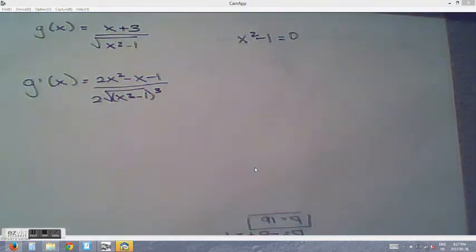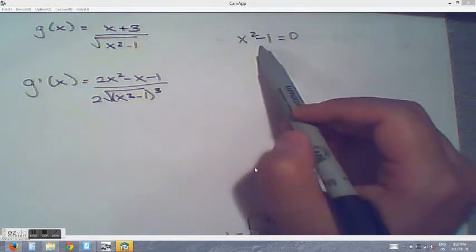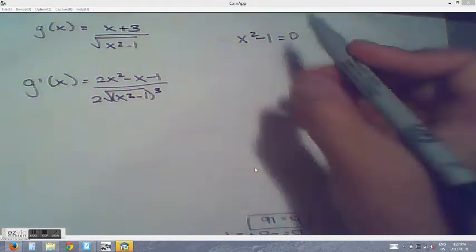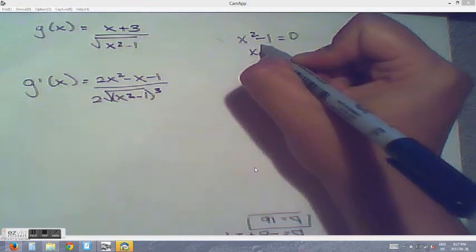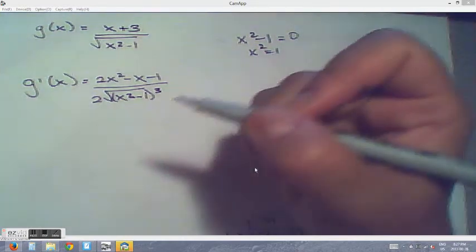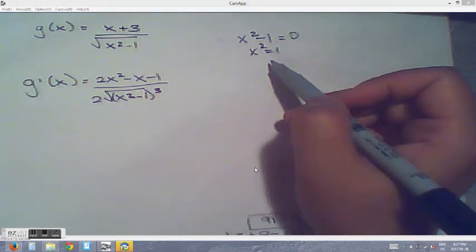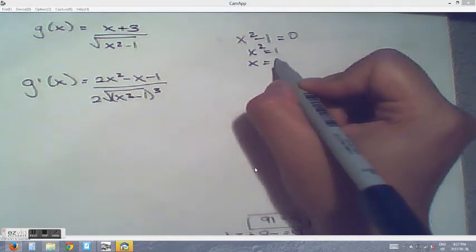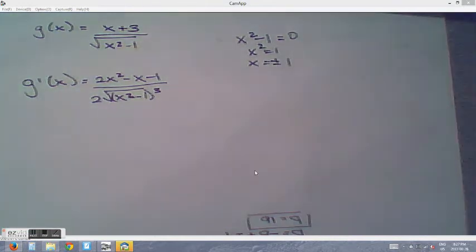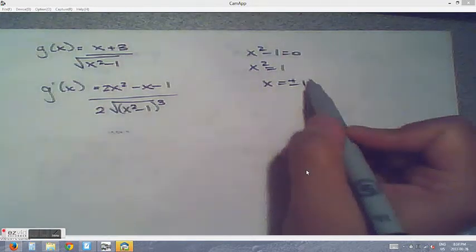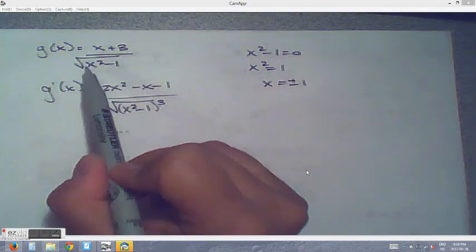We'll set our function equal to 0 to figure out what values make it 0. So x is equal to plus or minus 1. That is the case in which we have a 0 in the denominator.